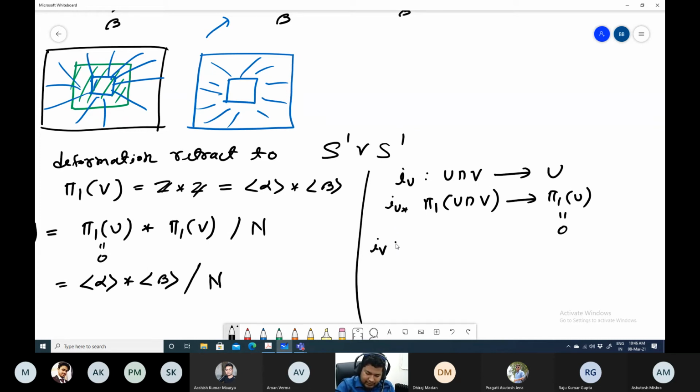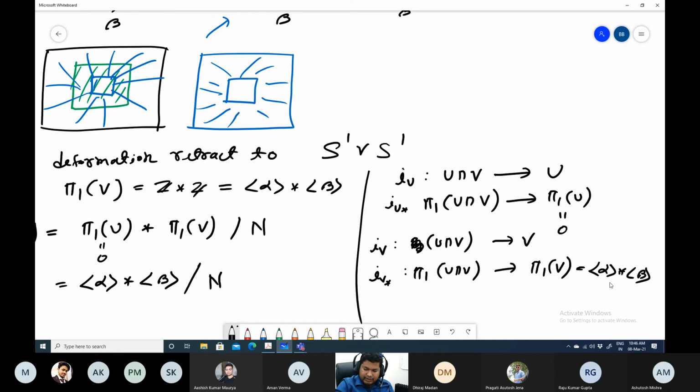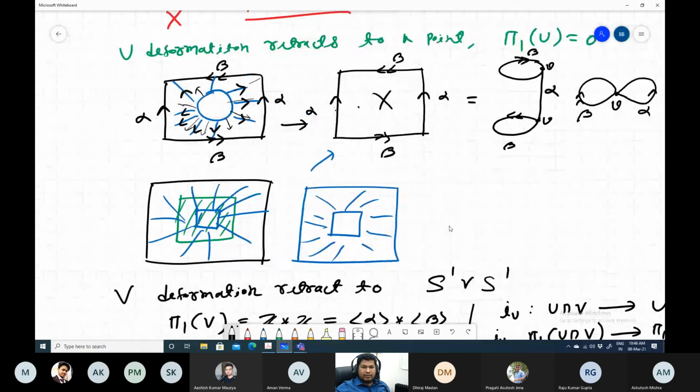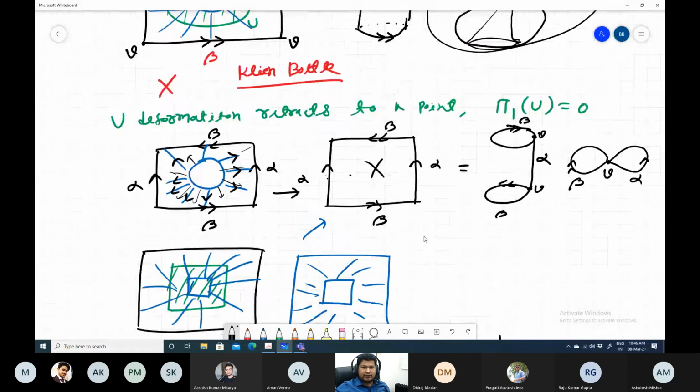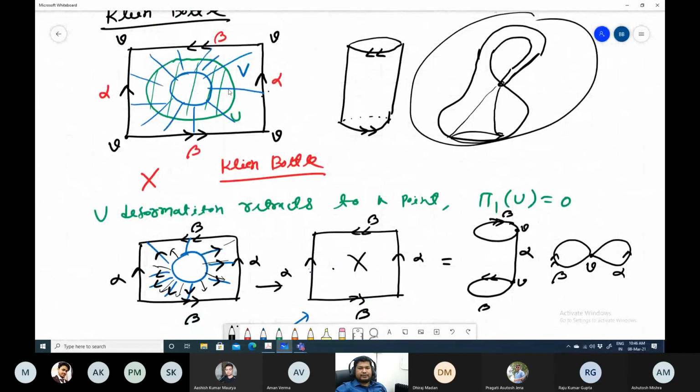Now what is pi V star? That is pi 1 of U intersection V to pi 1 V, and that is alpha star beta. Right? Now tell me, we need U intersection V. Now what will U intersection V be in this case? This.